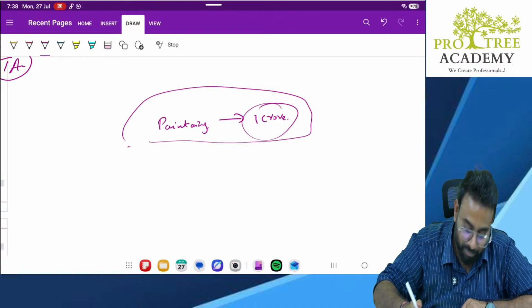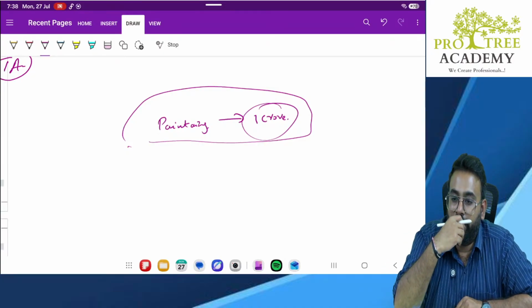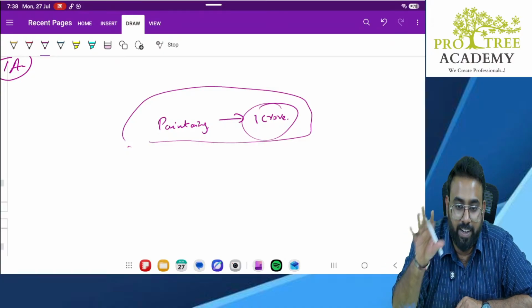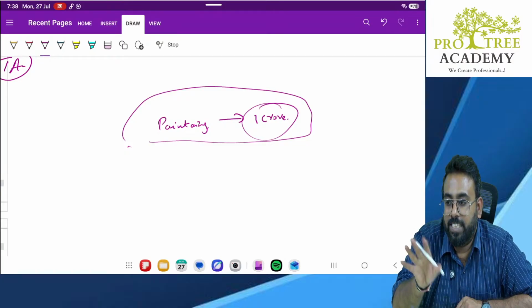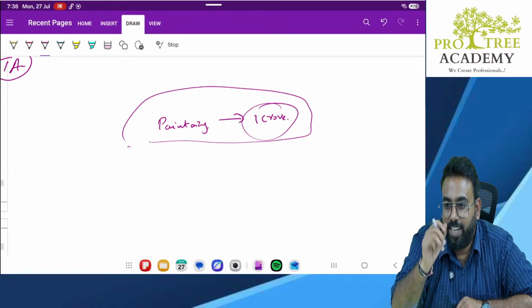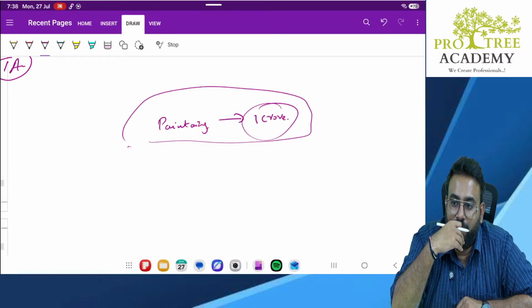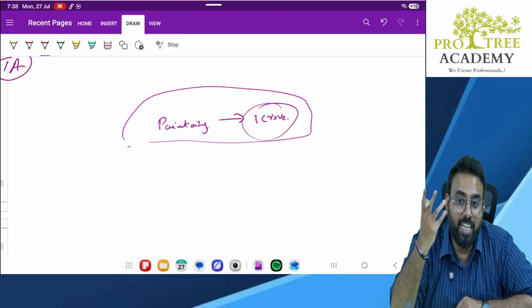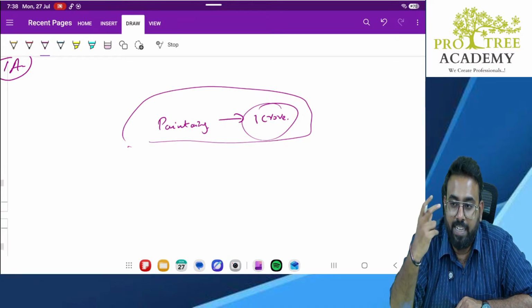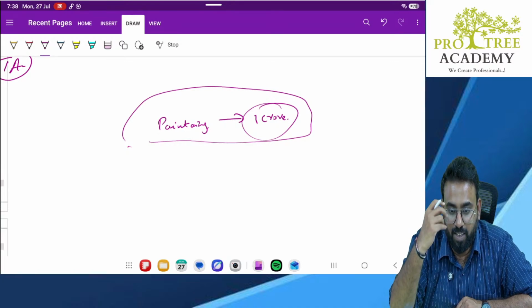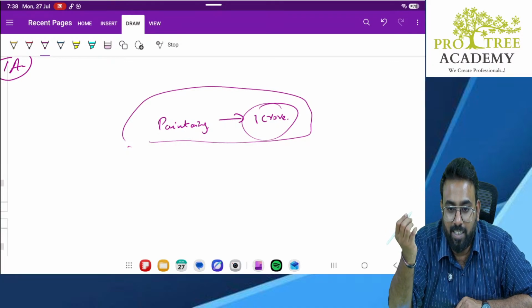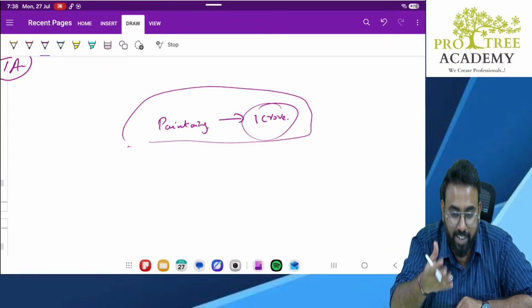Now tell me, sir, 1 crore painting, tangible asset, it will not have wear and tear. Of course, it has tangible features. You can see, you can touch. But is it tangible or intangible? It is artistic, correct or no? Artistic is a skill. If I am artistic, which I am not, of course, looking at my handwriting, you can tell that.